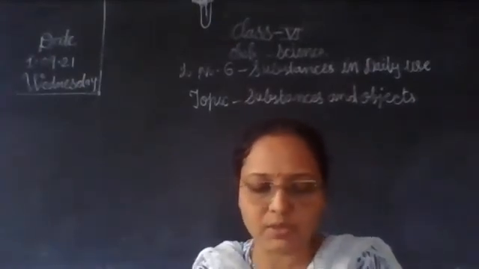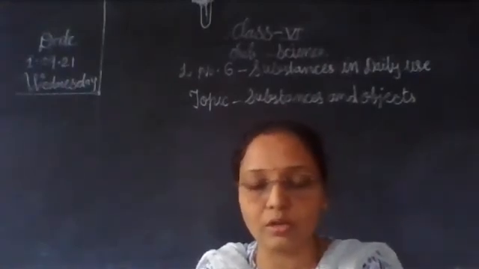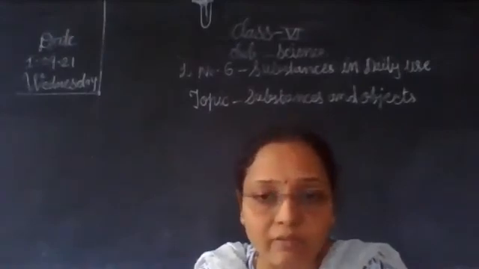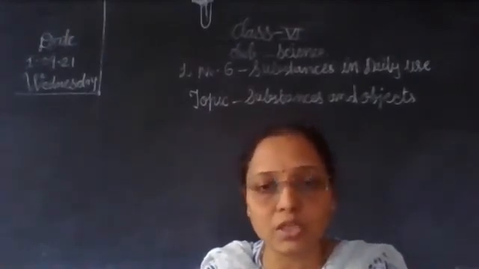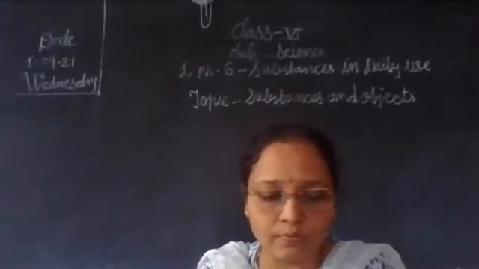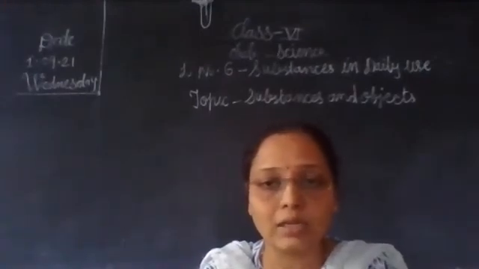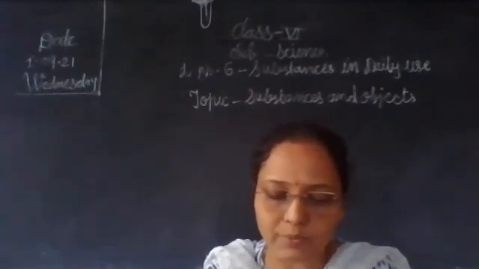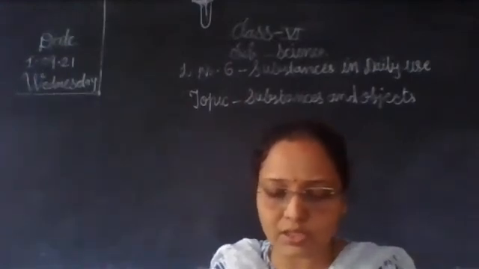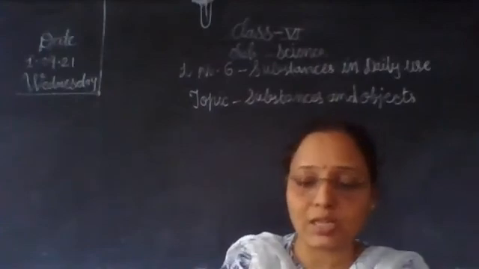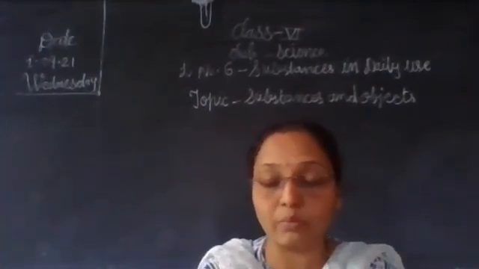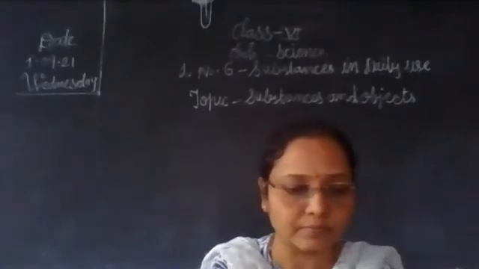So these man-made substances came to be used on a large scale because they are easily available, they are very cheap, सस्ती होती हैं वो, and handle के लिए भी easy होती हैं. So these are man-made substances. New substances produced by processing naturally available substances are called man-made substances.